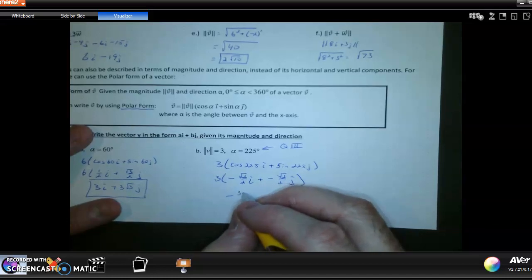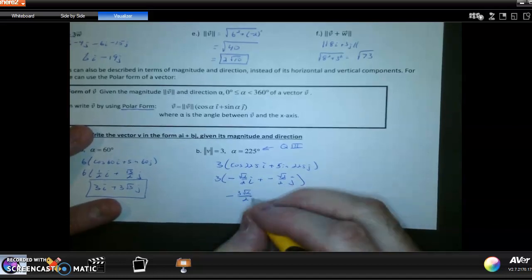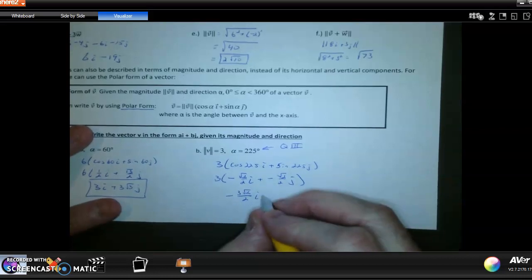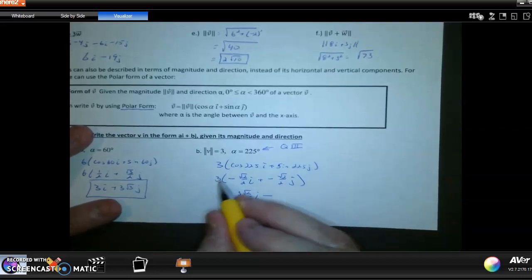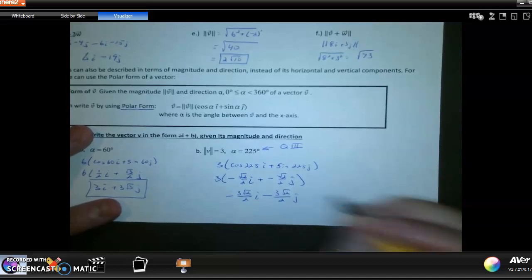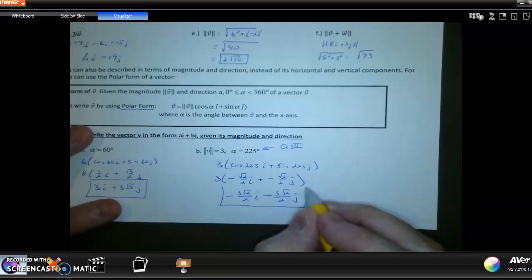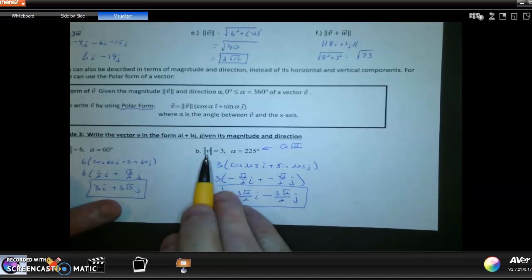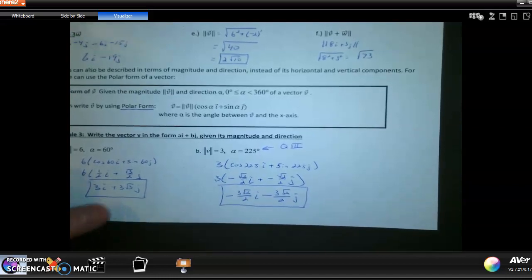So it's just negative 3 radical 2 over 2 i. And then it's plus a negative, or you could just write minus, 3 times that is going to be 3 radical 2 over 2 j, and that is your answer. That is the vector written in unit vector form with that magnitude and that direction. And that's it.